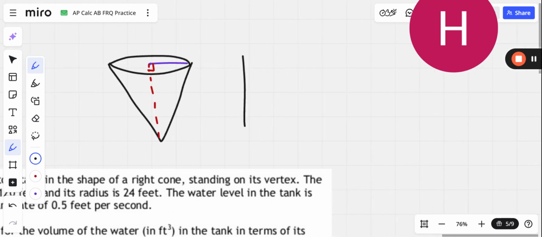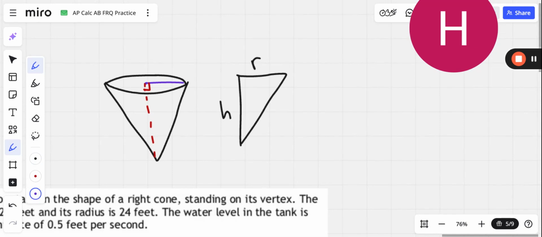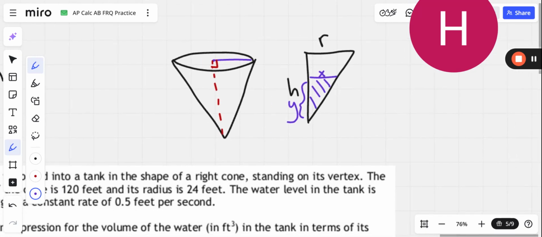So you can imagine that at any given moment, whatever the height of the water or the oil, I think in this case it's water, whatever height the water level is actually at, this value x and this value y should be in the same proportion as the radius and the height. So we have to find the connection between those two in order to solve these cone problems. That's what makes these tough. Okay?